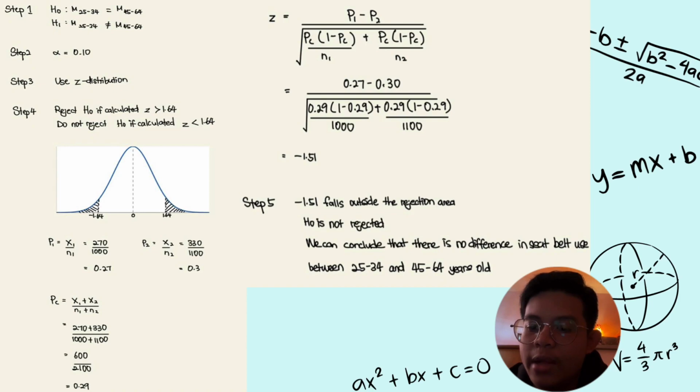So we can get negative 1.51. So step 5, we conclude negative 1.51 falls outside the rejection area. H null is not rejected. We can conclude that there is no difference in seatbelt use between 25 to 34 years old and 45 to 64 years old.